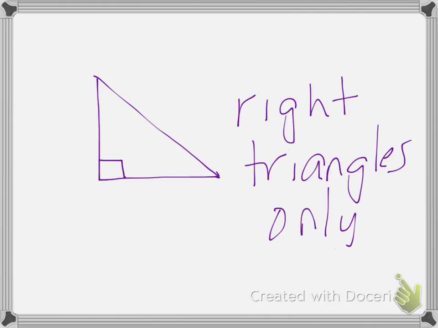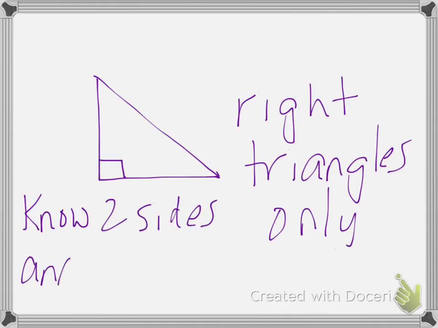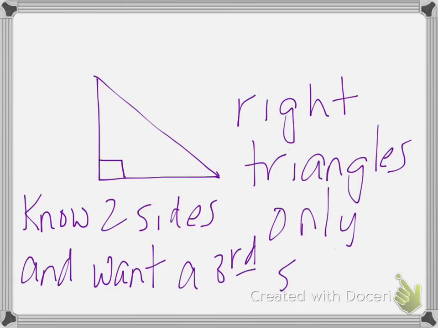And we use it when we know two sides and want a third side. That's how you know when to use it, when you have two sides of a right triangle and you want to know the third side. I hope you're copying this down.